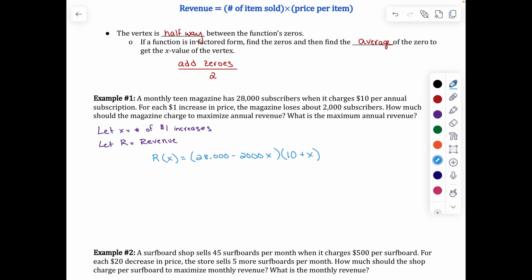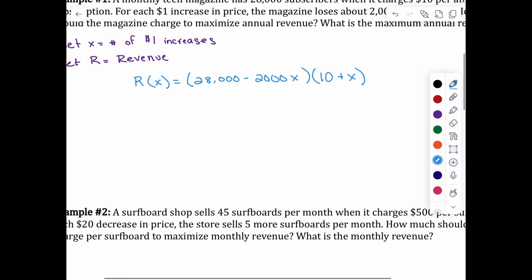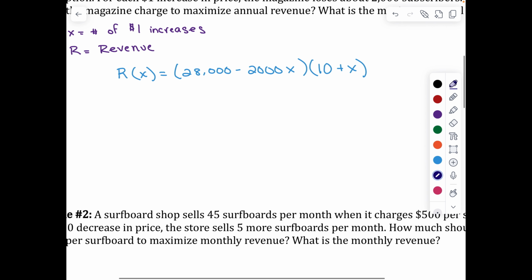Since it is in factored form, we're going to want to find our zeros. Remember, the maximum or the minimum always occurs at the vertex, depending on what we're looking for. In this case, we're looking for the maximum. So I'm going to set our revenue equal to 0, so we can find our zeros, then find the average of those zeros.